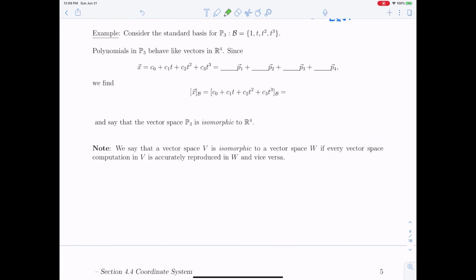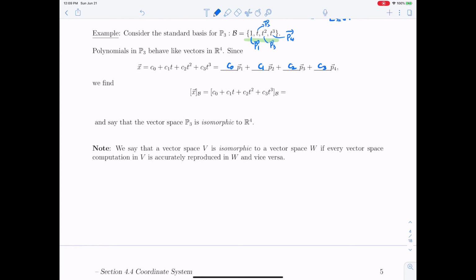So let's consider the standard basis for P3, which is given by 1, t, t squared, and t cubed. Then polynomials in P3 behave like vectors in R4, and this is because, if you let these be p1, p2, p3, and p4, then we can write any polynomial as c0 p1 plus c1 p2 plus c2 p3 plus c3 p4.